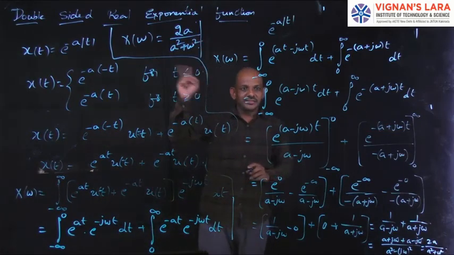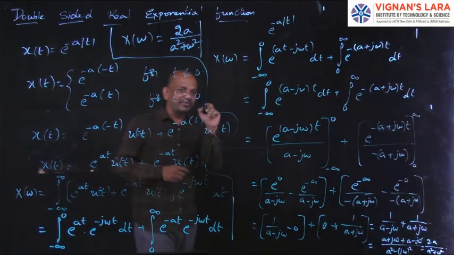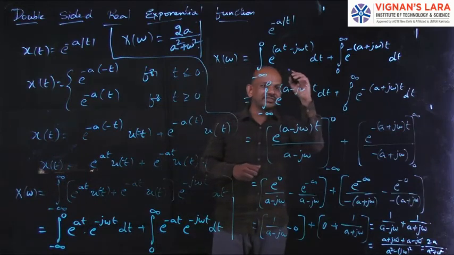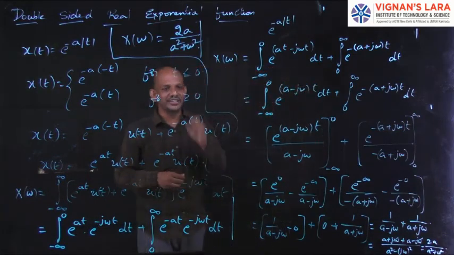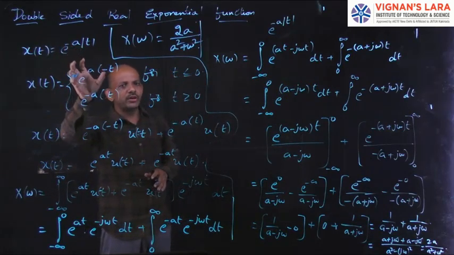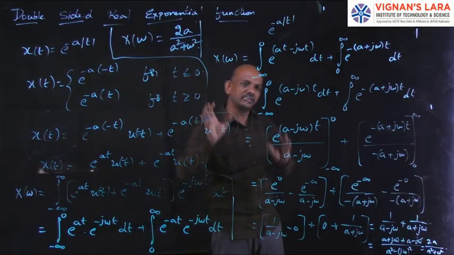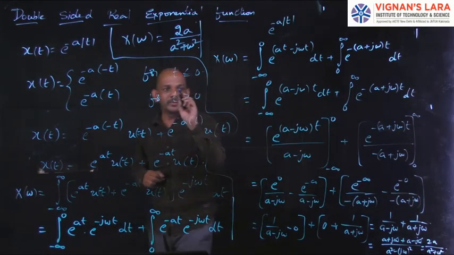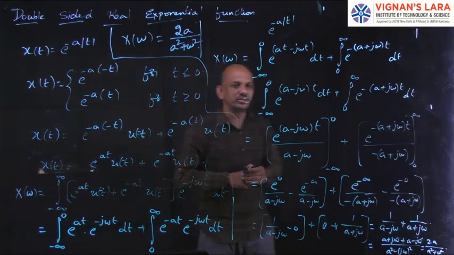In the previous case, in the single-sided real exponential function, whenever omega equal to 0, I got the maximum value of the magnitude mod of X of omega as 1 by a. Here that is 2 by a. The shape will be same. The magnitude spectrum of a single-sided and a double-sided real exponential function are same. Only the change is at omega equal to 0: there the value is 1 by a, here the value is 2 by a.